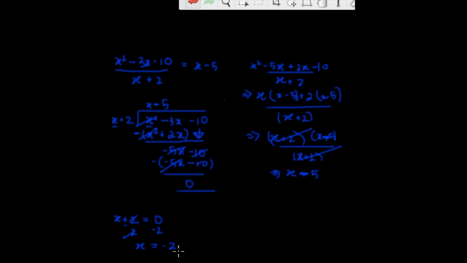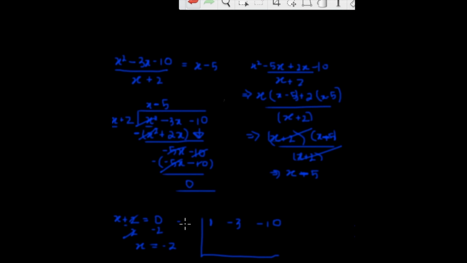And then you need to make a sort of box like so, and then you need to take the coefficients of your dividend, which is x squared minus 3x minus 10. So that means you'd have 1, then you take the minus 3, which is the coefficient of the x term, and then minus 10.